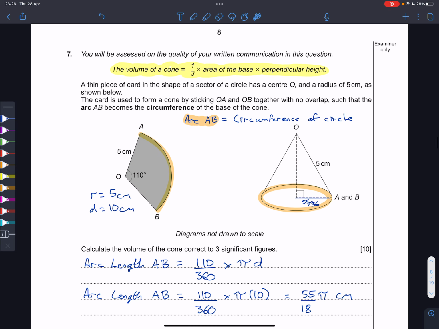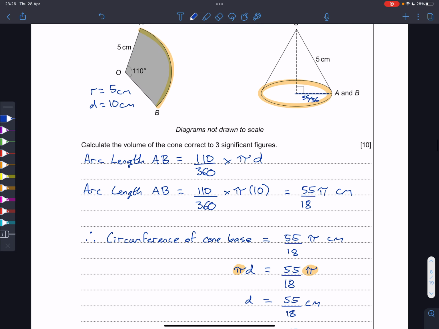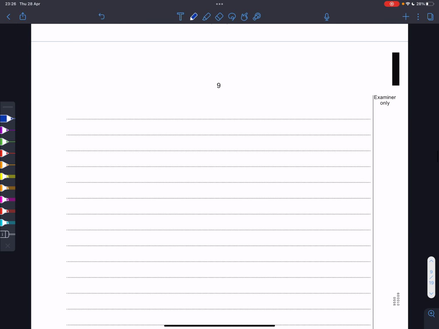Okay, so if I look at that triangle from the cone, and you want this to be clear that this is coming from the cone.